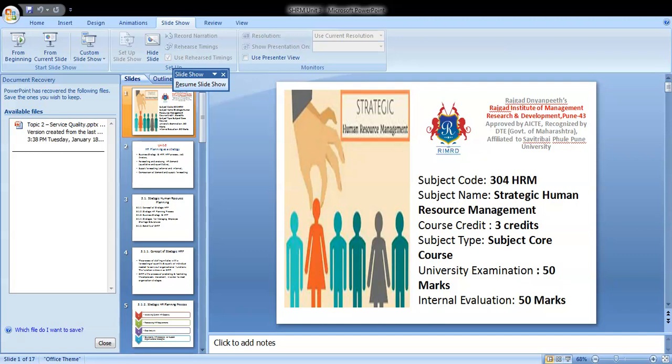All these strategies are used in order to fulfill the future requirements of the organization.